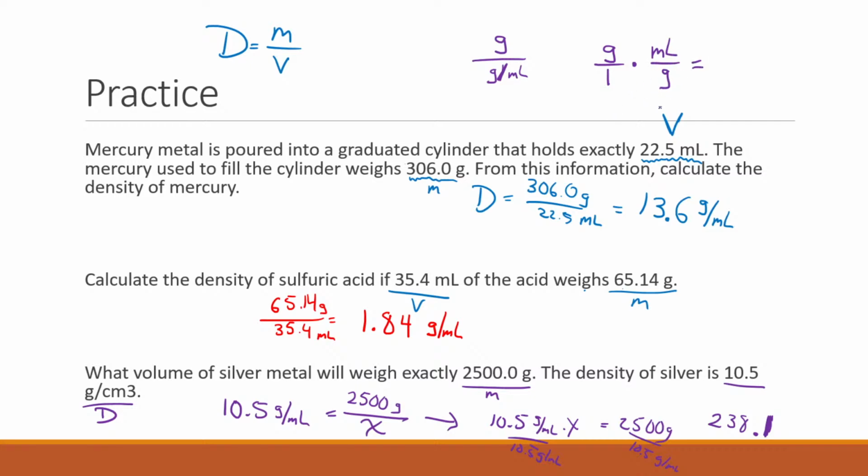And if we want to solve this out, we have grams on top, grams on bottom. Those are going to cancel out. We're going to be left with milliliters over 1, which is the same as milliliters. And that will be our unit at the end, which makes sense. They asked us for a volume, so we want to give them a volume as our answer.